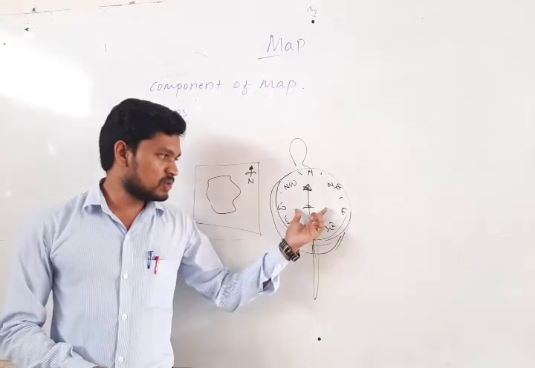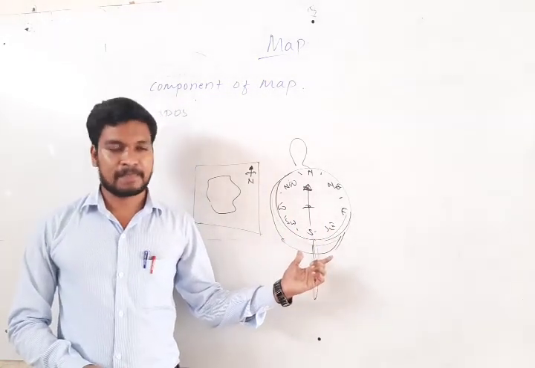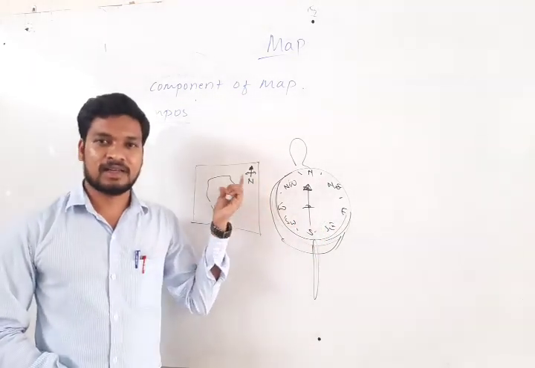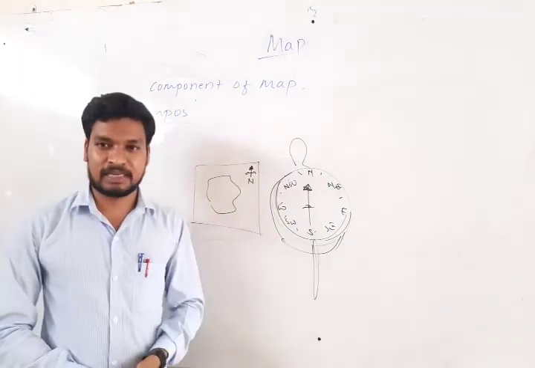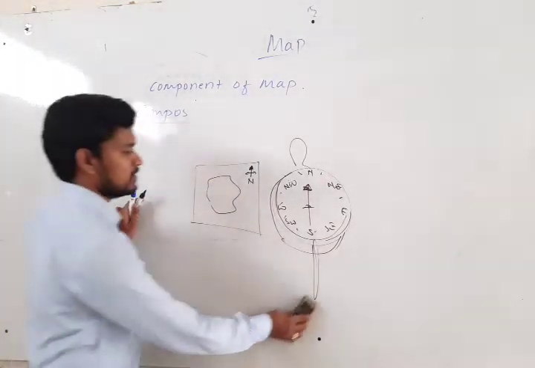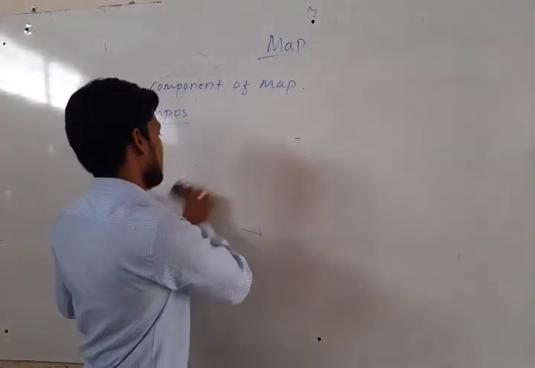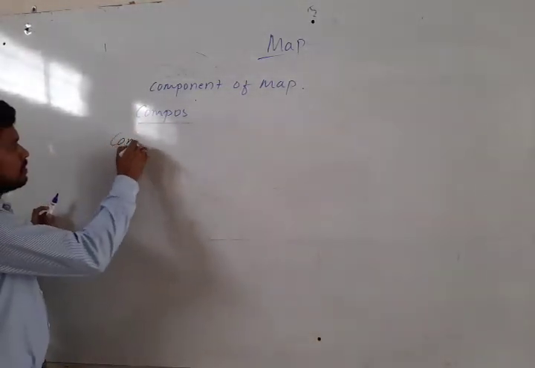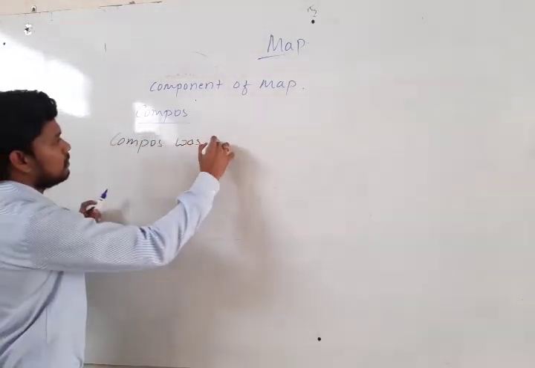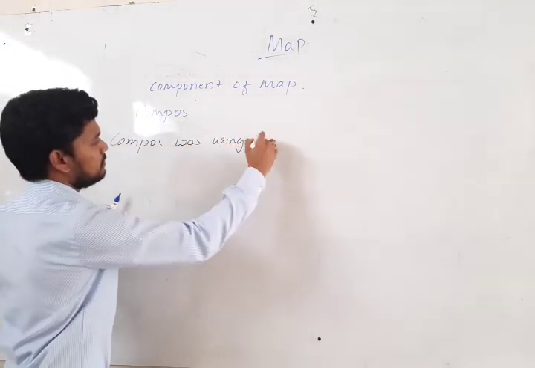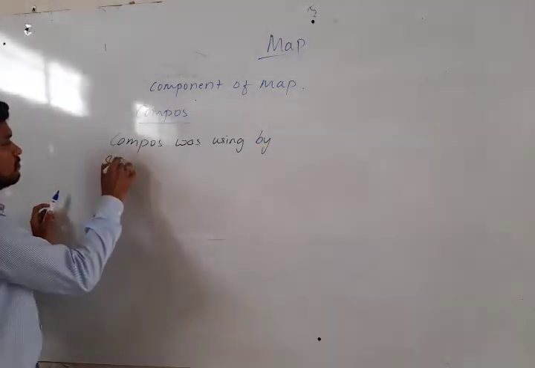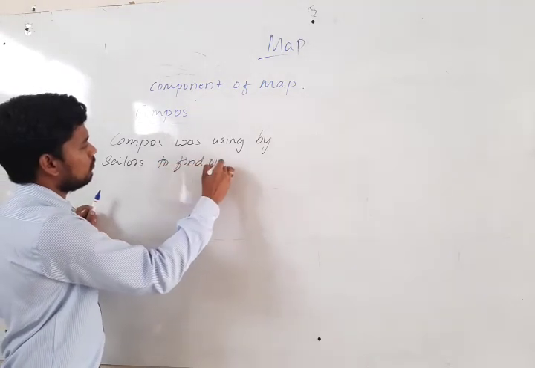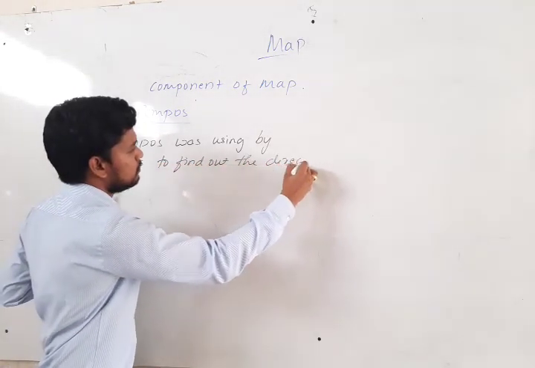So at that time they used this compass to get a direction. This compass helps us know the direction of a land or the direction of the map, to read the map. That's another component here. The compass was used by sailors to find out the directions.